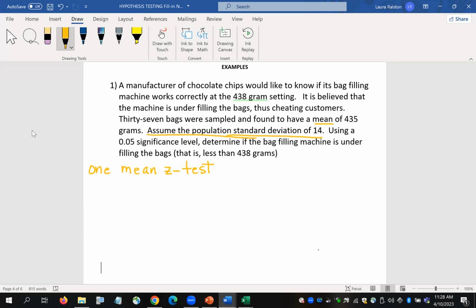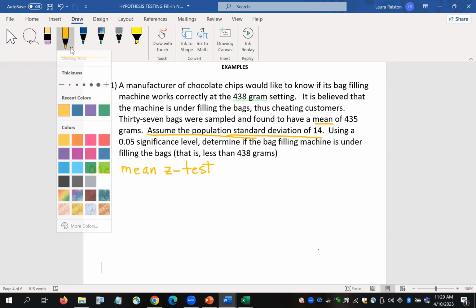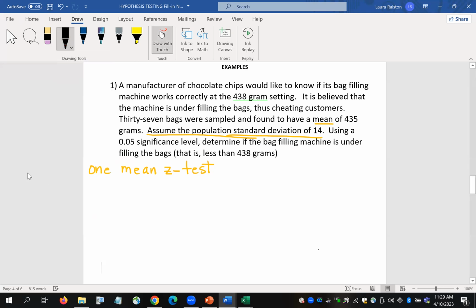By the time you get to the final, remember, you're going to have at least 9 different tests, so I'm trying to give you some clues on how to know which test to do when. My first step for any hypothesis test is to state the hypotheses.